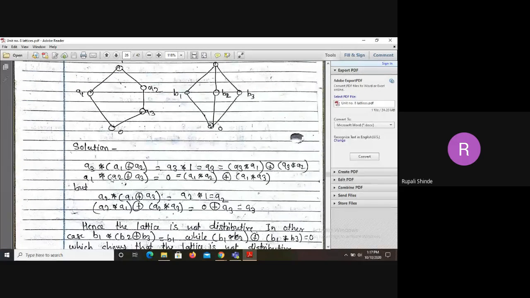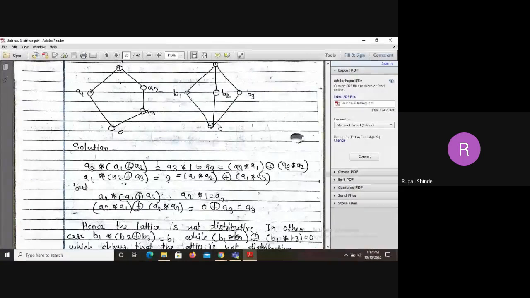Now A1 * A2. Star means greatest lower bound. So what is the greatest lower bound for these two elements? It is 0. Correct. So the value of this LHS is 0.